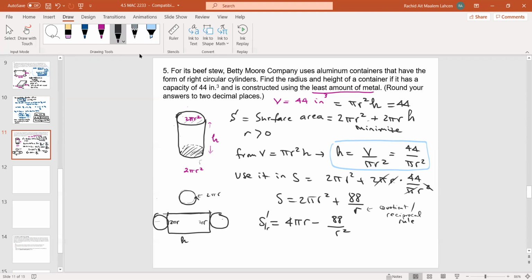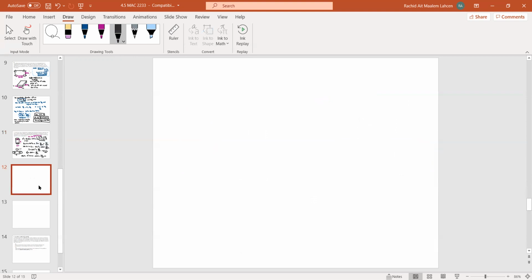And we do the power rule that gives us 4 pi r, and we do the quotient reciprocal rule on that one. We get negative 88 over r squared. And you know, now next is S prime equal to 0. So 4 pi r minus 88 over r squared equals 0.